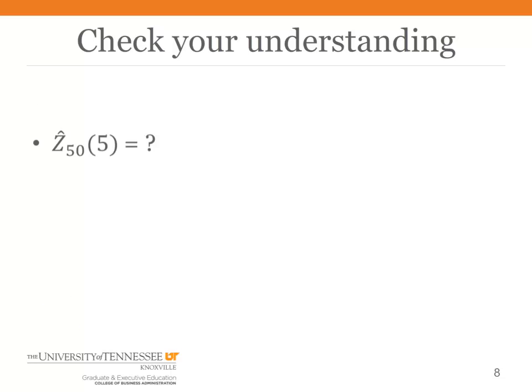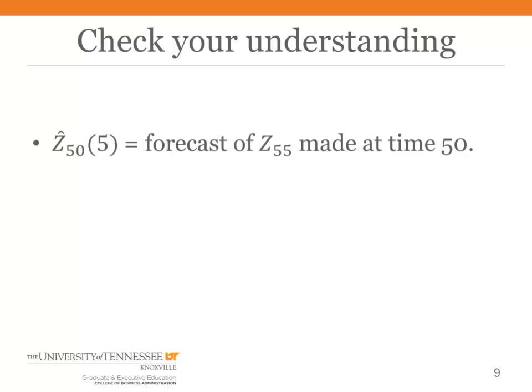Okay, to check your understanding, you should be able to look at an expression such as this and say, well, this is a forecast, and I know when the forecast was made, and I know for what period the forecast is. So make sure that you understand that. The hat on the expression means this is a forecast. The 50, as the subscript says, this is the forecast we're making at time 50.